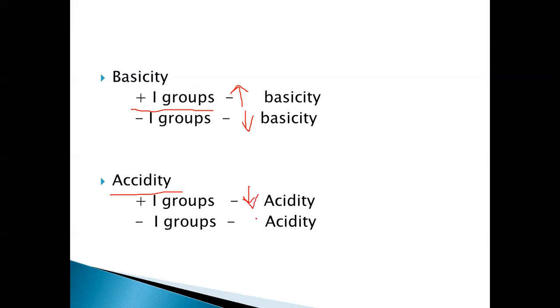So acidity is decreased. But if minus I groups like the Cl group are there, it will withdraw the electrons from the system, thereby the availability of electrons is decreased, thereby the bond dissociation becomes easy, so thereby increasing the acidity.